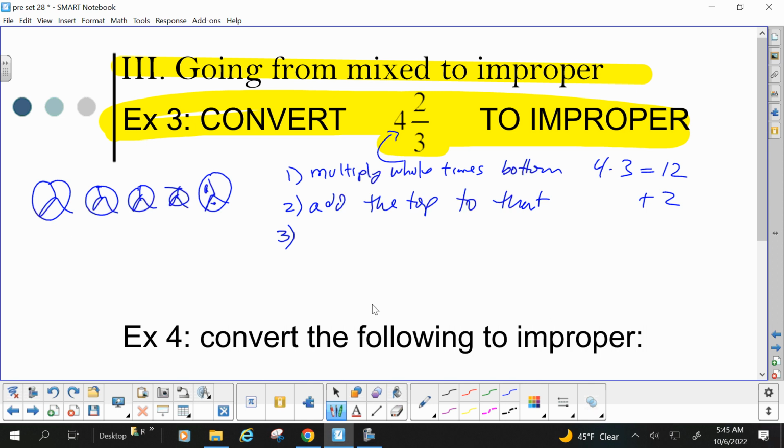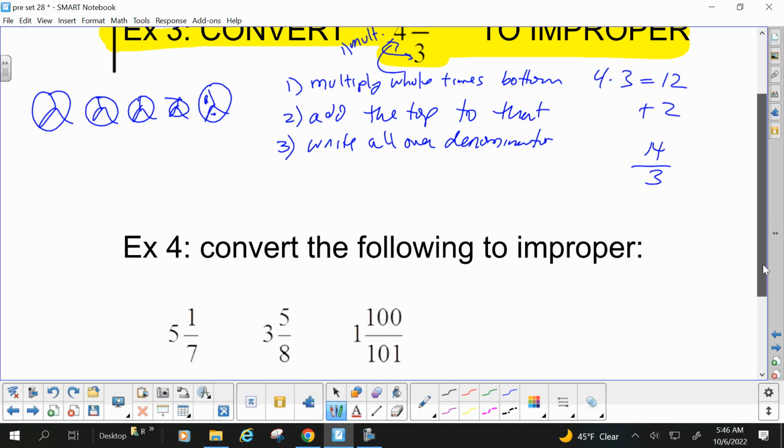Your final answer then is write it all over the denominator. So I get 14 thirds. So we're multiplying here and then add this. 4 times 3 is 12, plus 2 is 14 thirds.